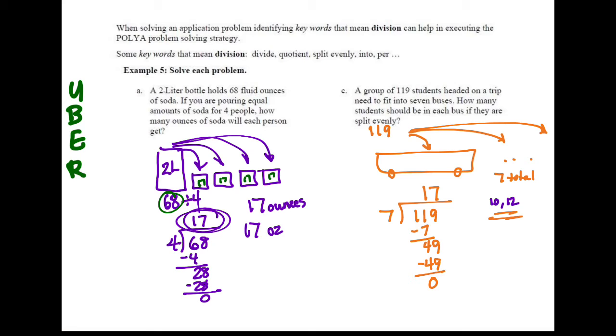Okay, what's the label here? How many students should be in each bus? So 17 students. And if I take 17 and add it 7 times, would I get the 119? And yes, you would. Is there an easier way of doing it? Probably not.